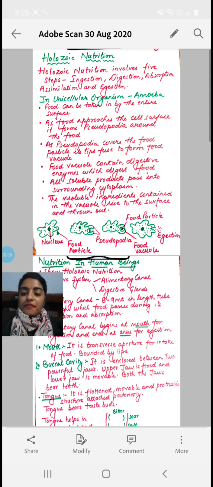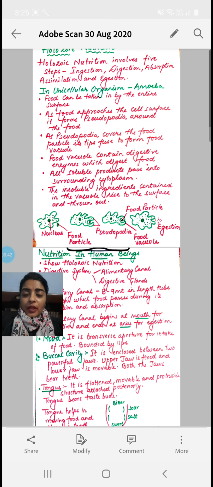If we define holozoic nutrition, it is a kind of nutrition where 5 steps are involved. These 5 steps are ingestion, digestion, absorption, assimilation, and the last one is egestion.